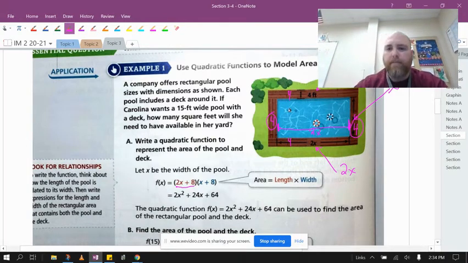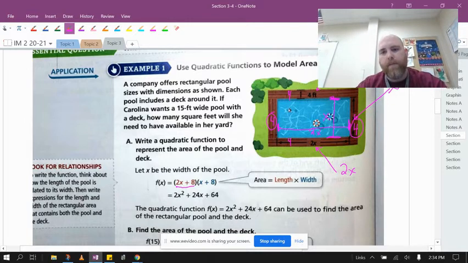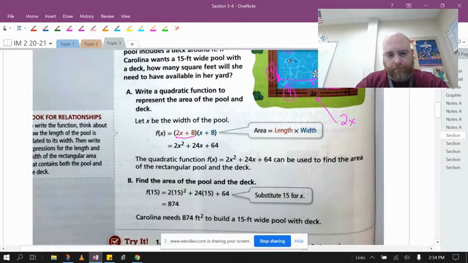Now, very similarly, if we look at this dimension, again, just of the pool, it's x. And we're going up and down. Well, we got to add the deck on, and of course, it's still just 4 plus another 4. So x plus 8. So that expression is what we're going to use to find our area.